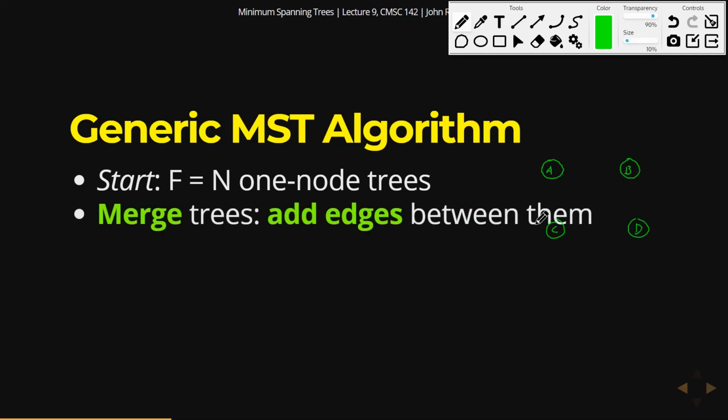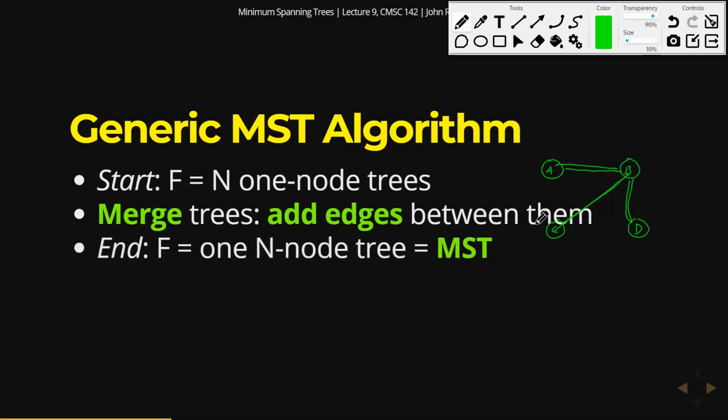Okay, and then during the execution of the algorithm, we will be merging trees by adding edges between them. So maybe if we pick the edge here, then the 2 trees are connected. And then if we pick this one, they will also be merged. Then if you pick maybe something like this here, they will also be merged. Then eventually there will only be one n-node tree.